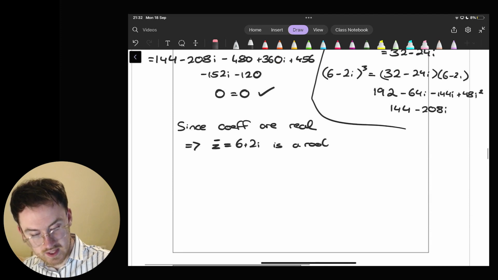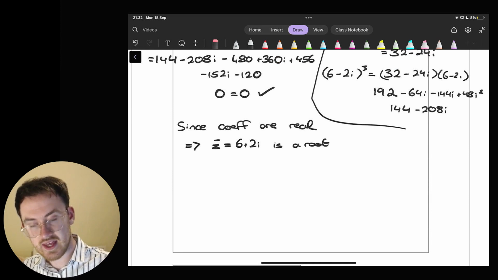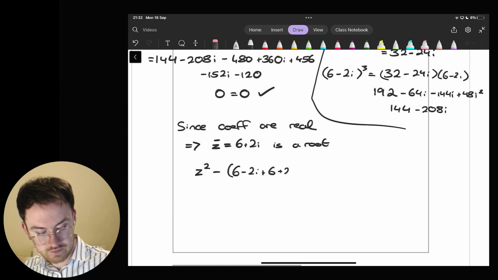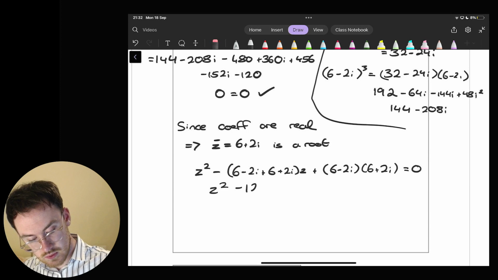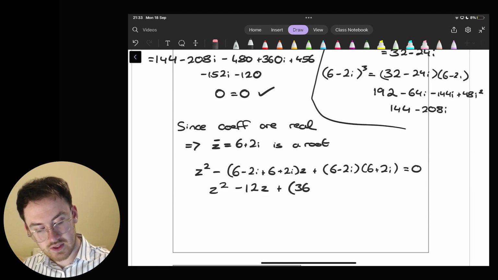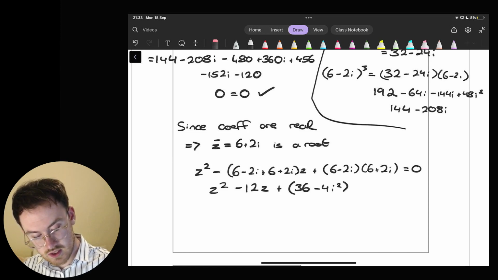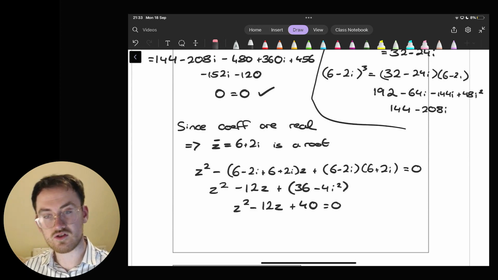Because we know that, we can work out the quadratic that would have both of these as roots, using the same quick formula that we used earlier: z squared minus the sum of the roots times z plus the product of the roots. So z squared minus 12z plus 36 plus 12 minus 12 minus 4i squared. We get z squared minus 12z plus 40 as our quadratic.